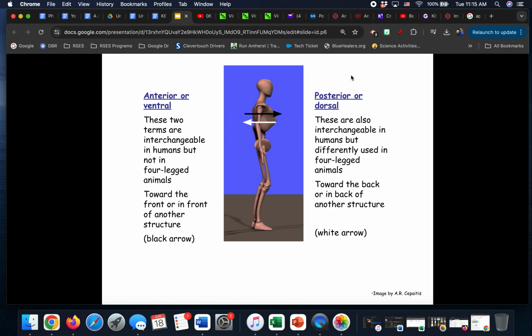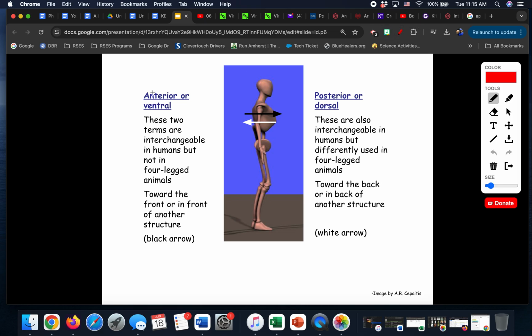All right. So another set that we have to remember that are paired. Remember, superior and cranial are the same thing. Inferior and caudal. Well, anterior is the front. Posterior is the back. But we have another word. Anterior goes with ventral.